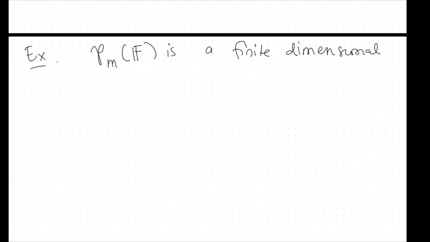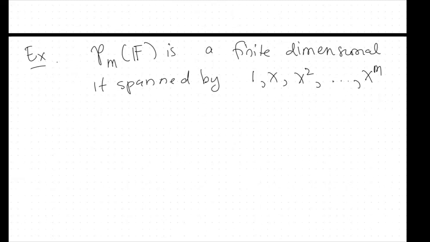It is spanned by 1, x, x squared, up to x^m. So the number of vectors that span Pm is m plus 1.